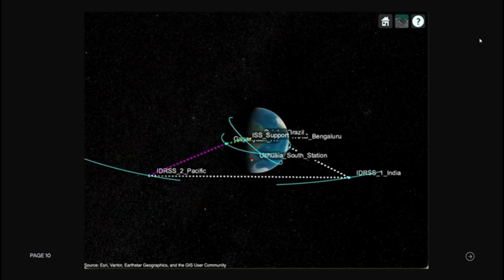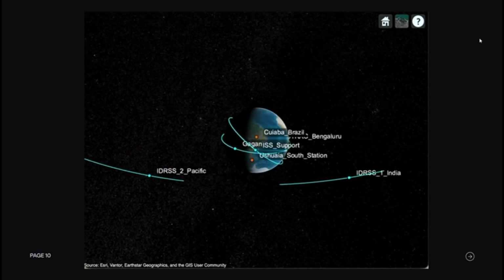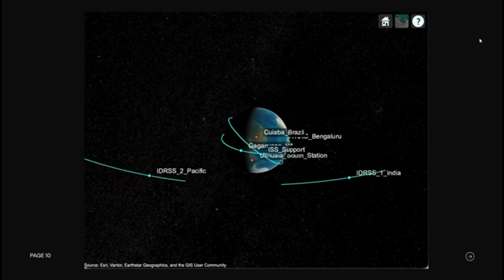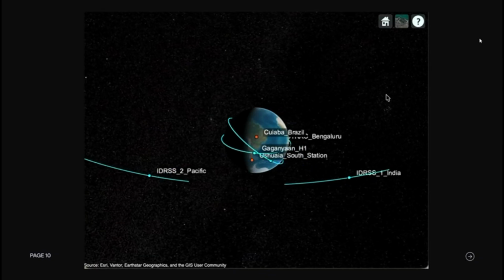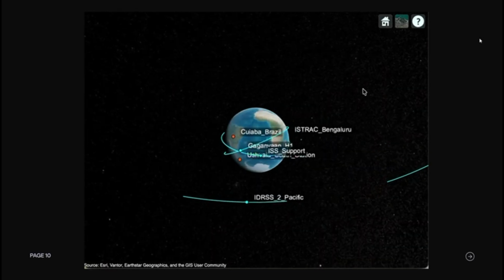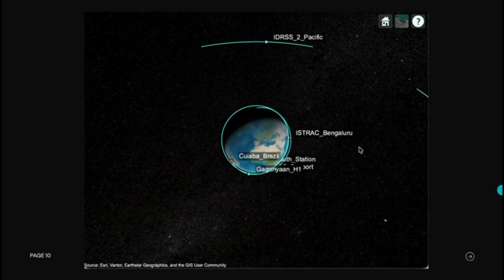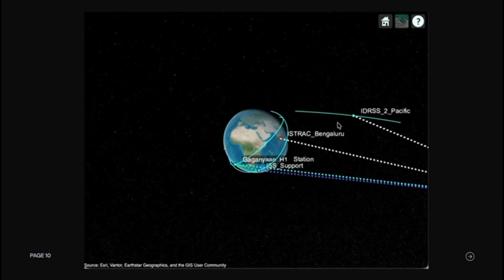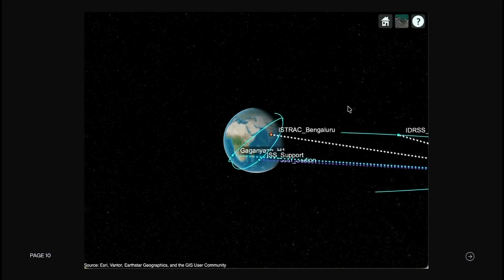We have two space stations on the other side of the globe, Brazil and Ushuaia, to be sure that we can communicate with the astronauts throughout. There's a link between ISRO, Gaganyaan, and ISS when it is on top of Bangalore. You can see it when it's on top. There you go, the yellow line will show the link.